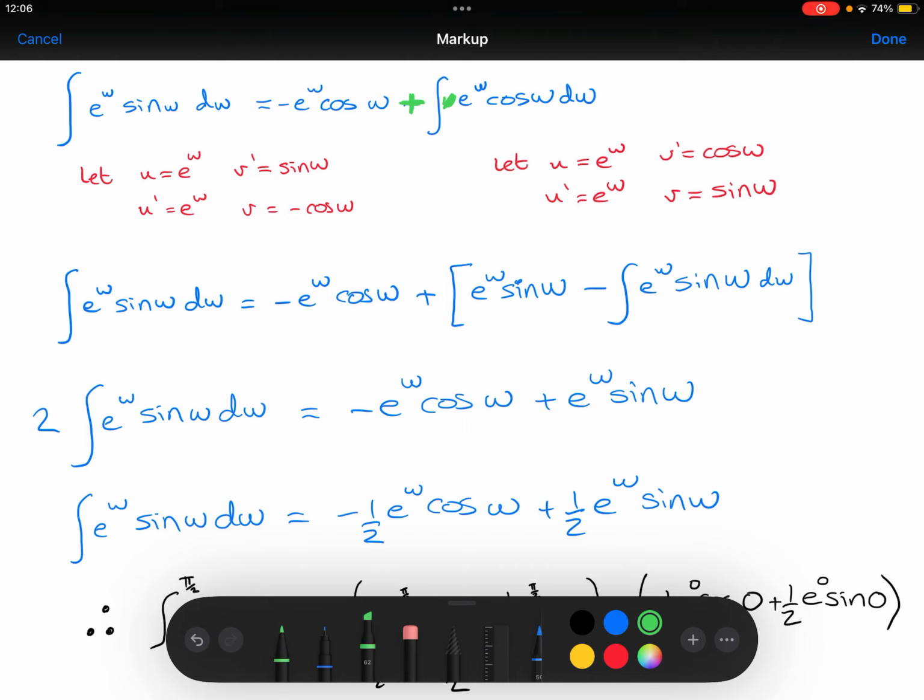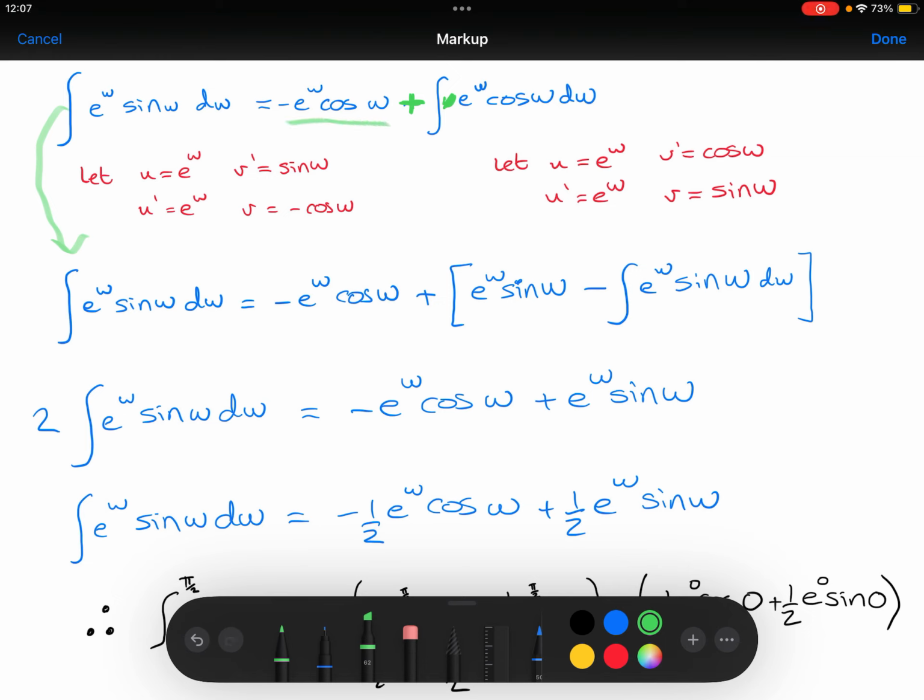And right, we're going to use by parts again now. So I'm going to let this e to the power w be my u, and I'm going to let this cos w be my v dash. Differentiating the e to the power w gives e to the power w. Integrating the cos w gives sine w. So, on this next line, I've got the original question, which is this here.